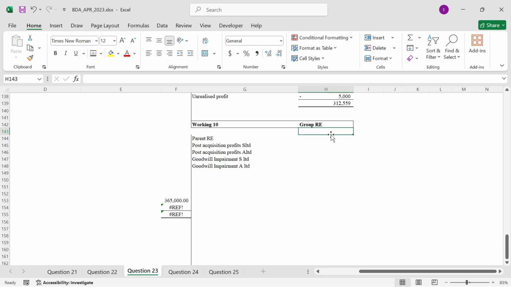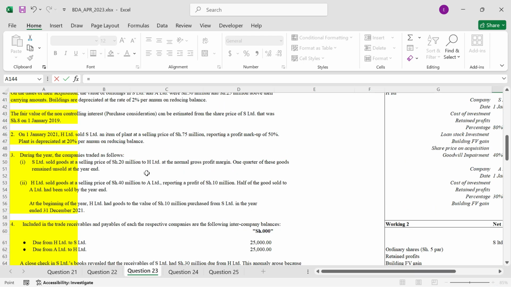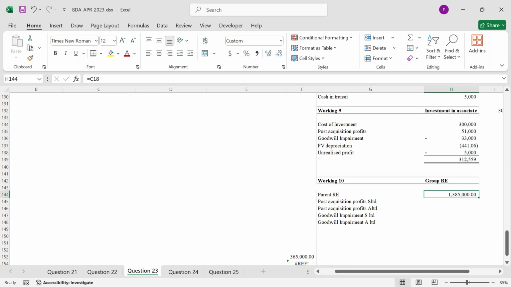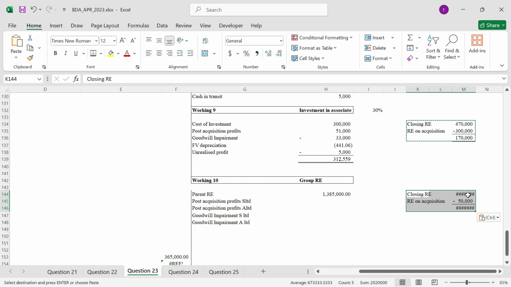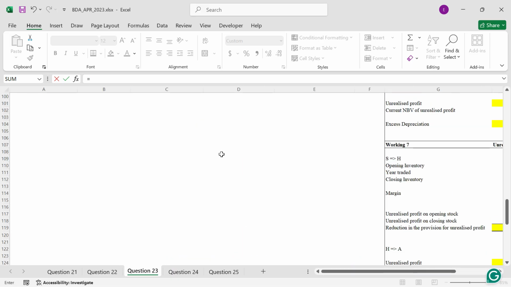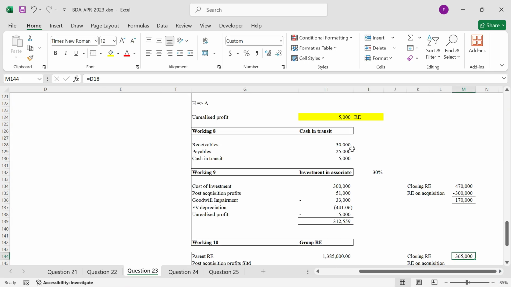Let's first capture that. My parent retained earnings are an amount of 13.5. Post-acquisition profits in S, I will have a split, just like I have for A. The closing retained earnings for S are 365.